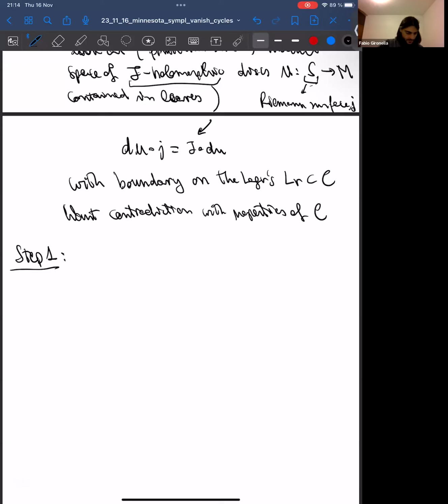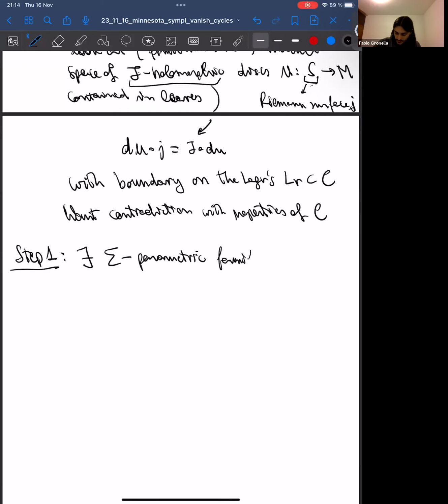So the first step is to say that there is a sigma-parametric family, which I'm going to call curly B. This stands for Bishop; I'm going to say in a second why.